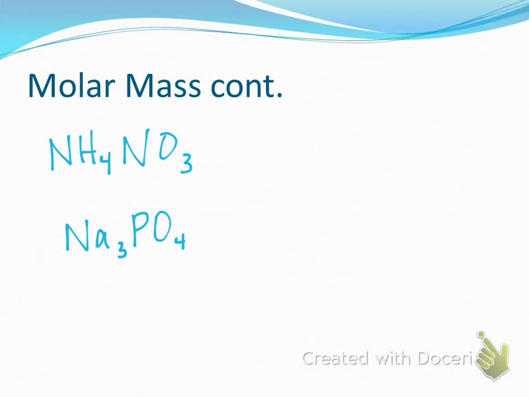Okay, you have 2 different compounds here, and I want you to find the molar mass of each of those compounds. First one is called ammonium nitrate. Second one's called sodium phosphate. Not that you need to know that yet.